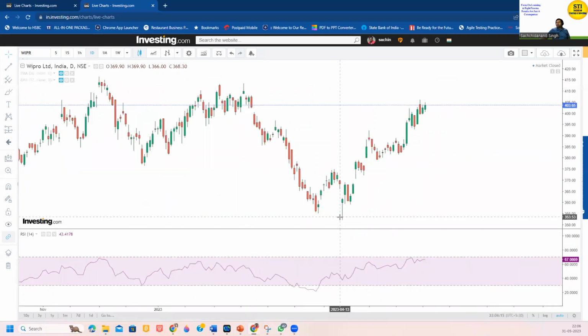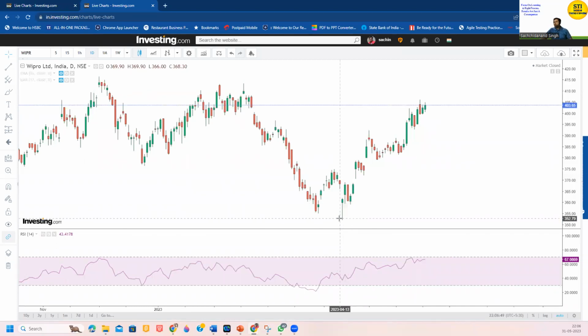So look here, this is the Wipro example. This is one of the lowest points of Wipro, and from here the price reversal has happened. If you look at the RSI also, from the same point the RSI uptick has happened. The stock price started moving up and up, but after that it fell back and made a lower low.